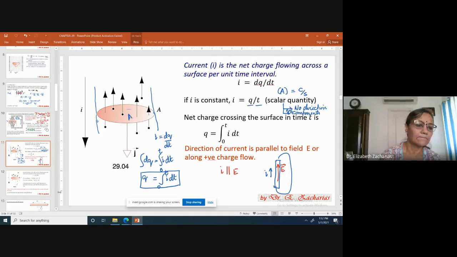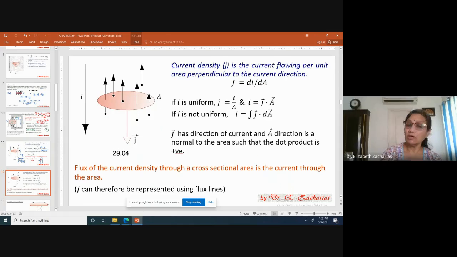Right. So now we have talked about a quantity called current, and we have talked about a quantity that is a scalar. But then we love to work with vectors, because after all, electric field is a vector. So I should be able to talk about the current flow and the electric field, because after all, the electric field is responsible for the current.